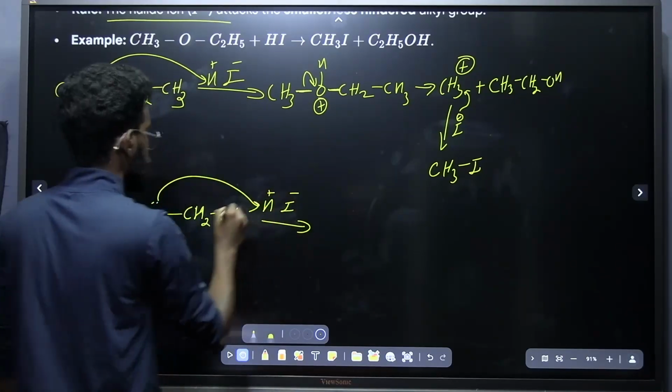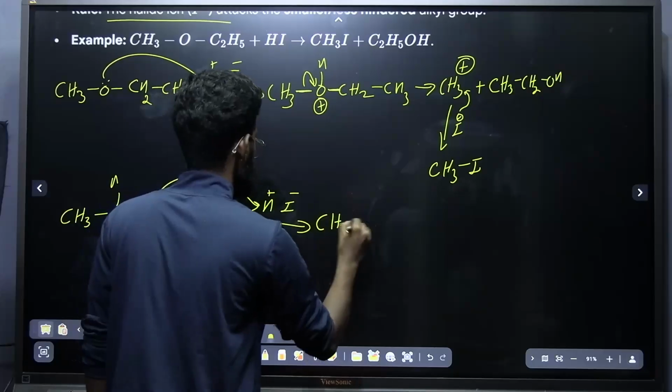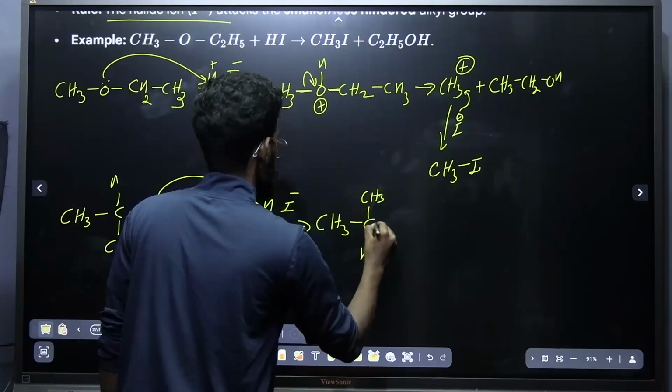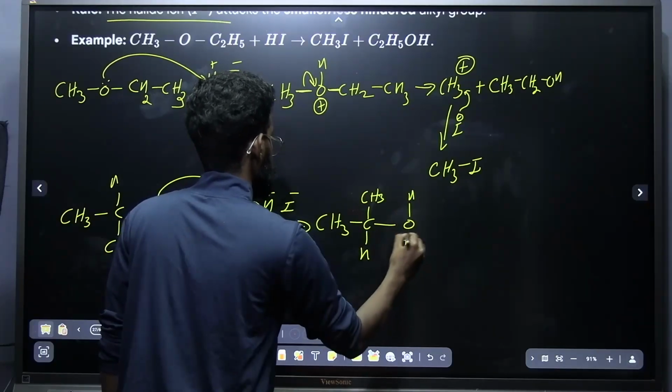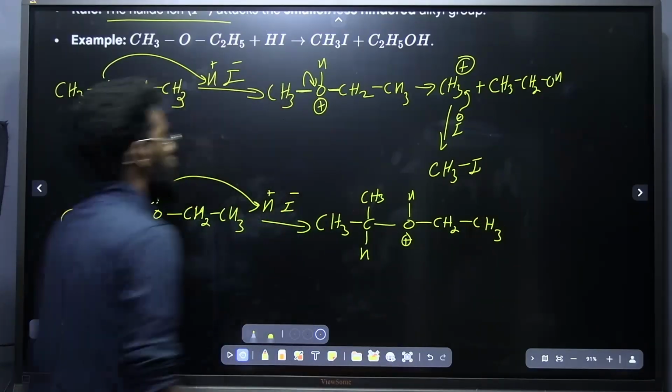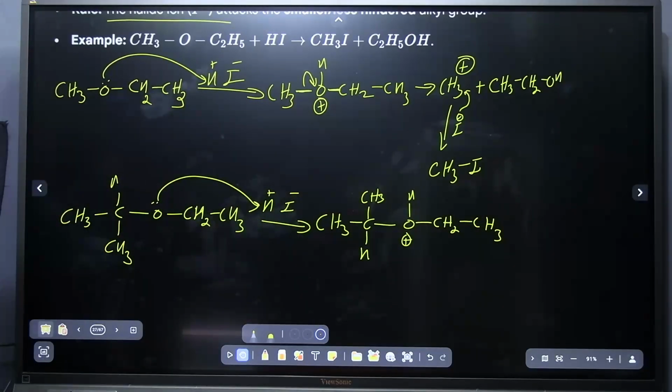The lone pair will be attacking on the hydrogen. What will I be getting? CH3 C CH3 OH with a positive charge, CH2 CH3. Now my question is, where will the cleavage take place, how will the cleavage take place?